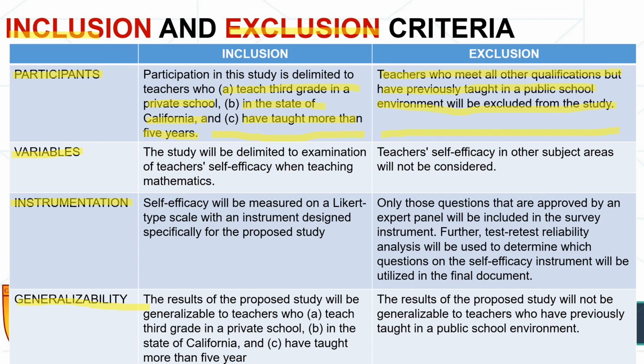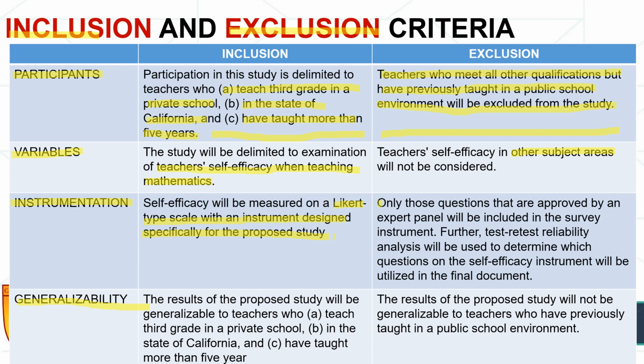For variables, an example is the study will be delimited to examination of teachers' self-efficacy when teaching mathematics only, and exclusion, teachers' self-efficacy in other subject areas will not be considered. For instrumentation, example for inclusion, self-efficacy will be measured on a Likert type scale with an instrument designed specifically for the proposed study or researcher made, maybe because there's no standard for the self-efficacy for the given study.